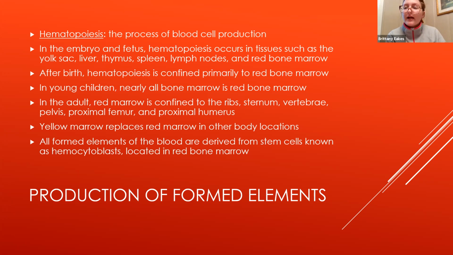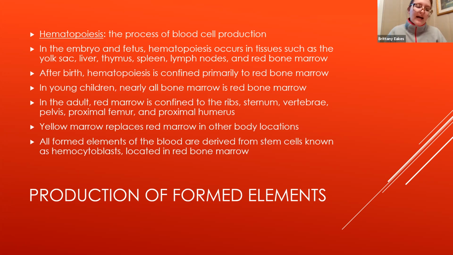Yellow marrow is where the body stores fats and deposits of certain types of minerals. All the formed elements of the blood are derived from stem cells within the red bone marrow known as hemocytoblasts. So that's just a quick overview of how the formed elements are produced.